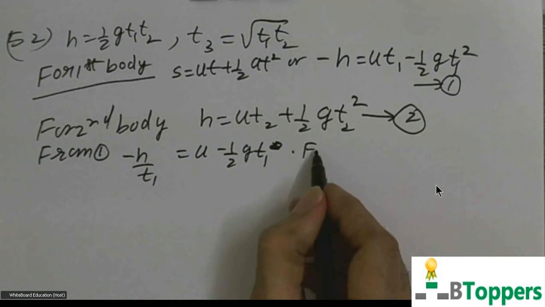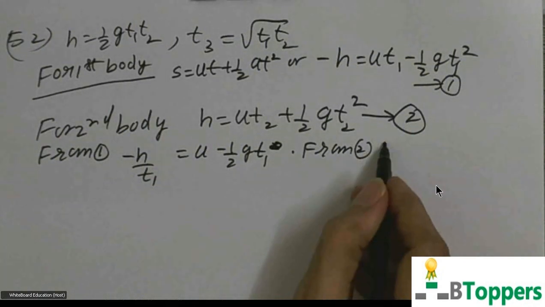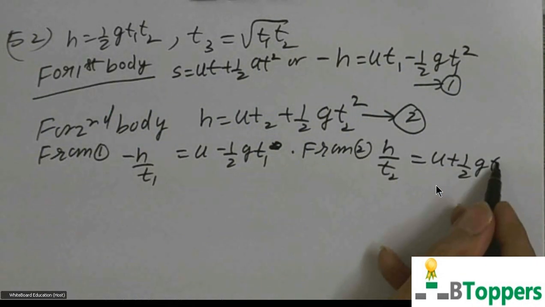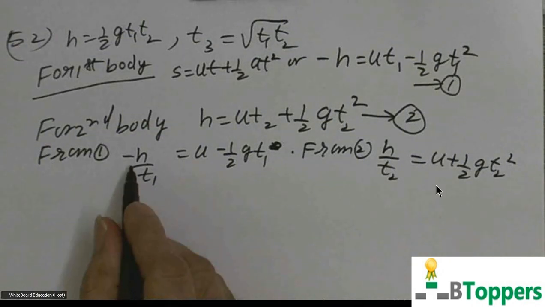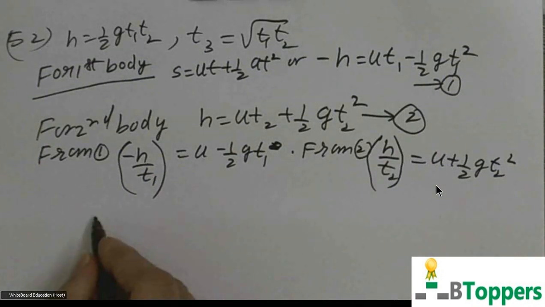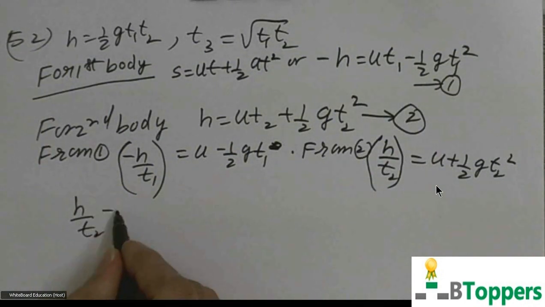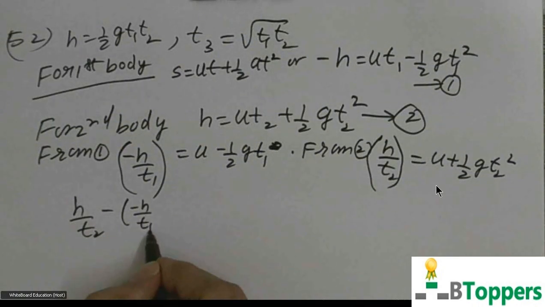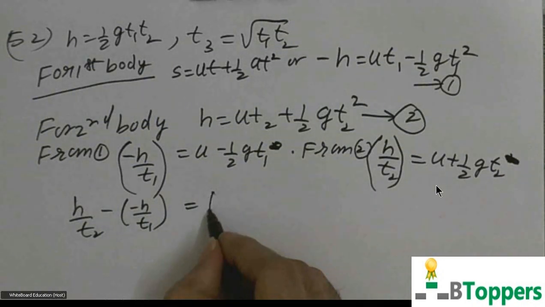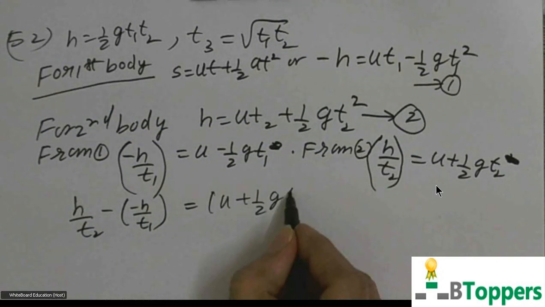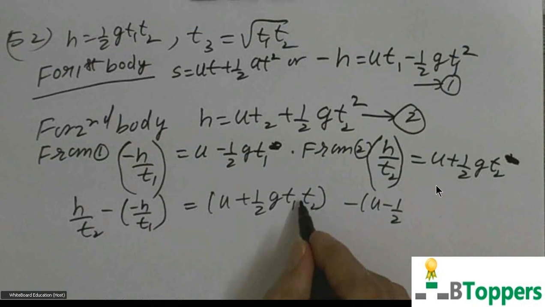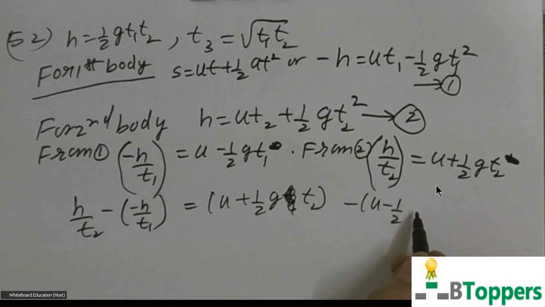And from the second equation, we divide by t2: h by t2 equal to u plus half g t2. Subtract the first equation from this equation, so you get h by t2 minus of minus h by t1 equal to u plus half g t2 minus of u minus half g t1.